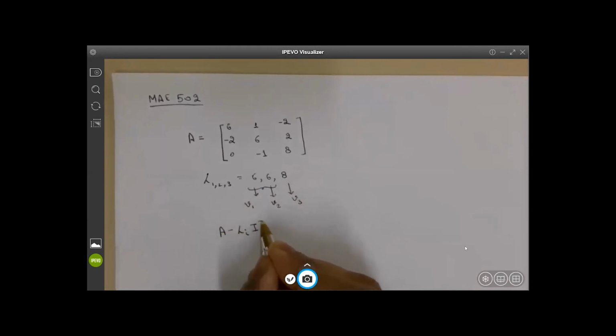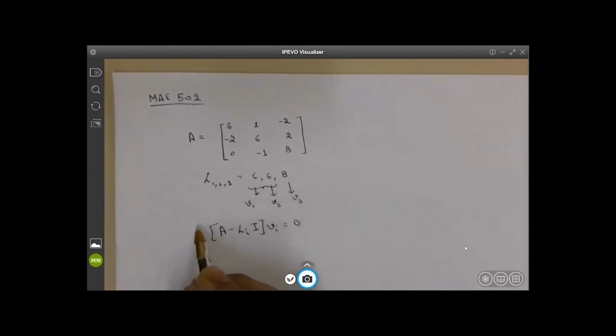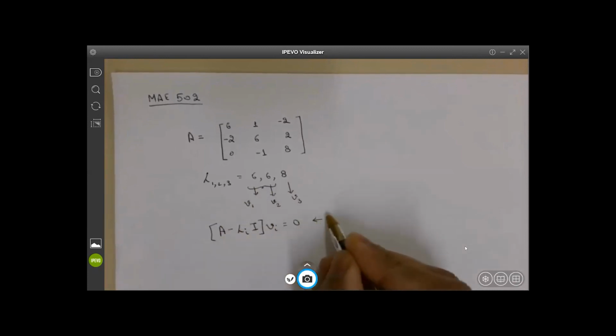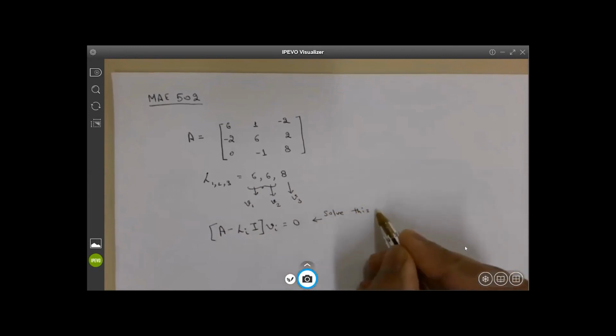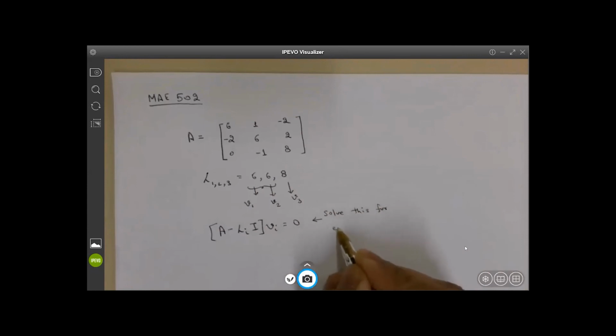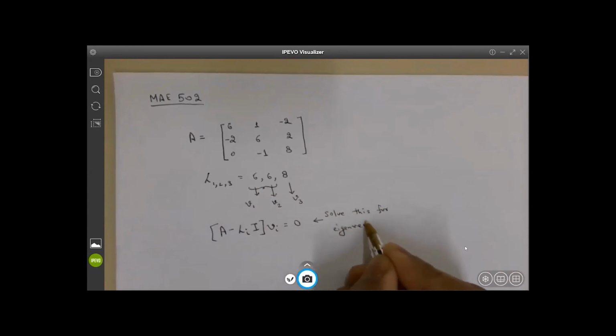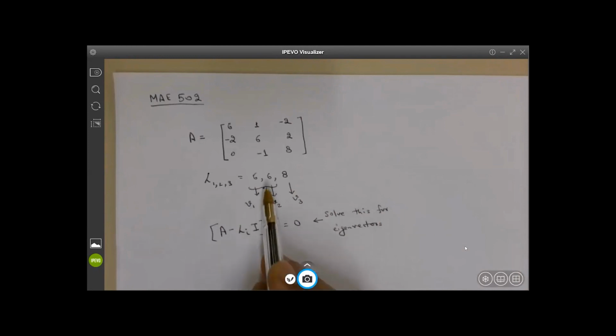So using this equation we get eigenvalues, and we solve this equation for eigenvectors. What we saw is that if we have different lambdas, different scalar numbers, then the eigenvectors would be linearly independent.